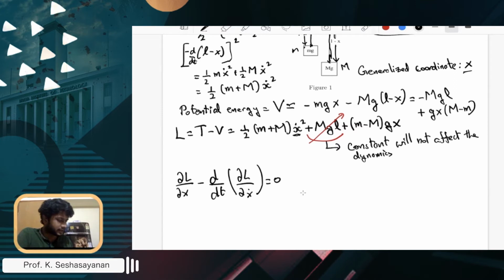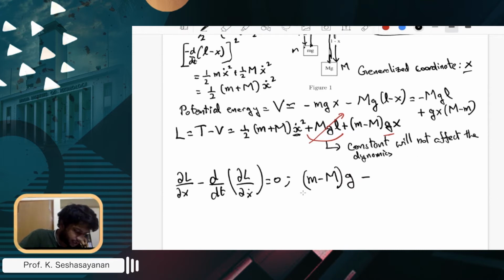So once you have the expression for the Lagrangian, all you have to do is substitute it here. For the partial L over partial x, you get a contribution from here, which gives small m minus capital M times g, and minus d by dt of partial L over partial x dot. So that is the contribution from here.